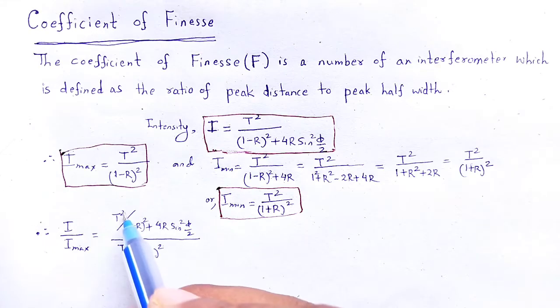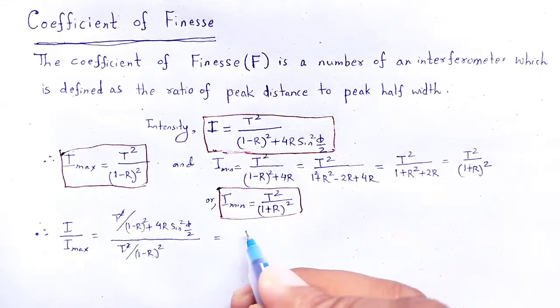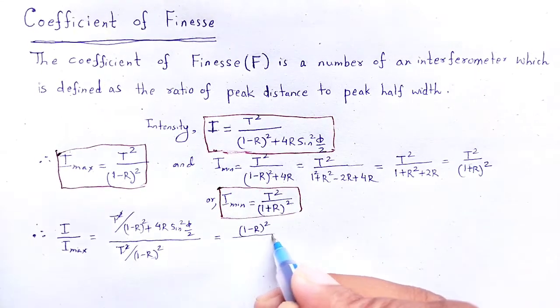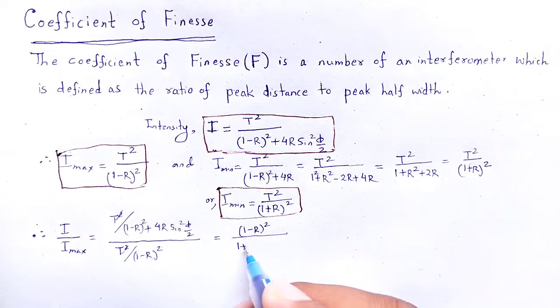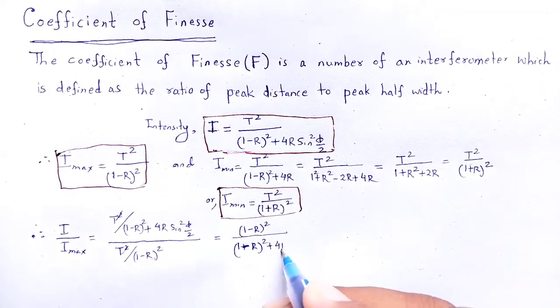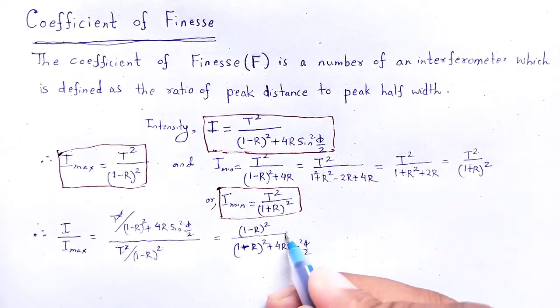T square cancels out. We have 1 minus R whole square divided by 1 minus R whole square plus 4R sin square phi by 2.